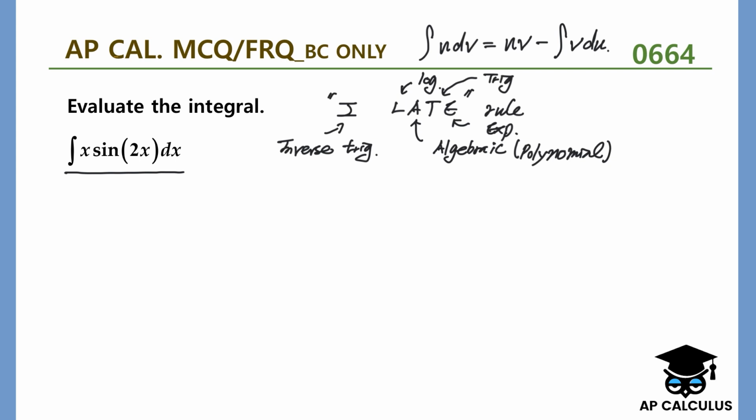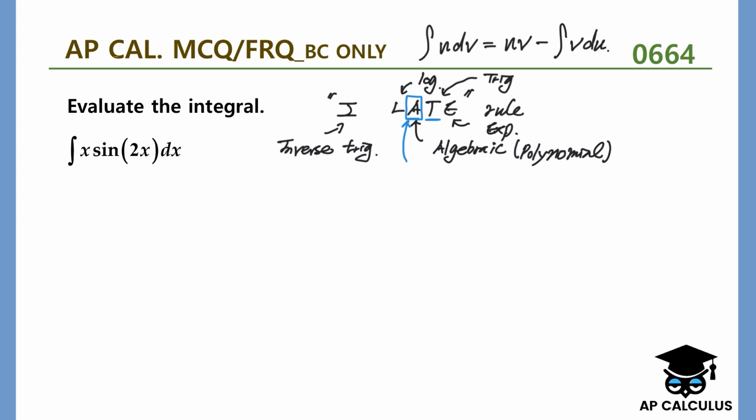For example, this indefinite integral has an algebraic function and a trig function, so we have A and T. Among these two, A is on the left, so we let the algebraic function be our u. Now let's try to solve this indefinite integral.